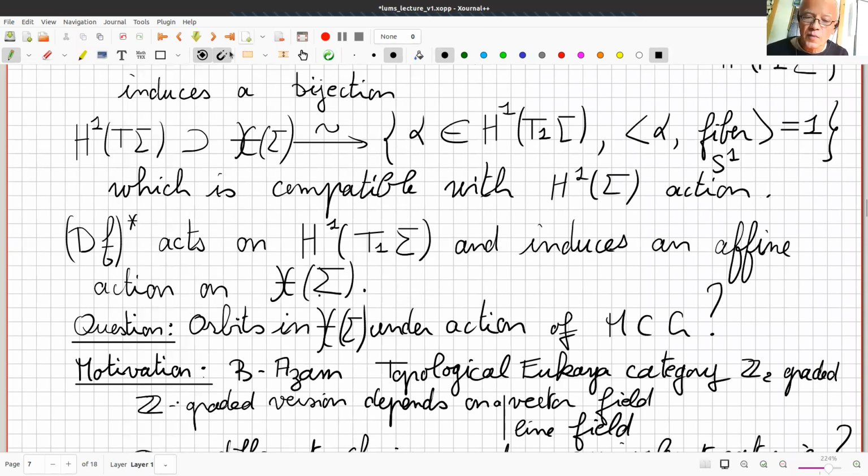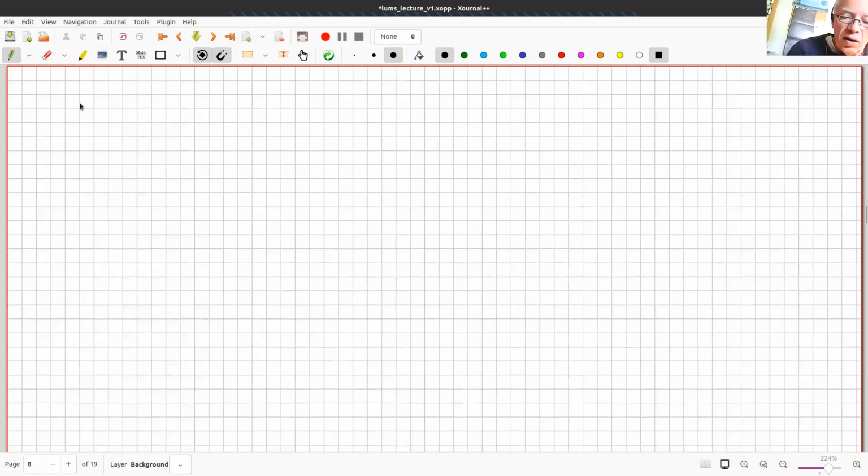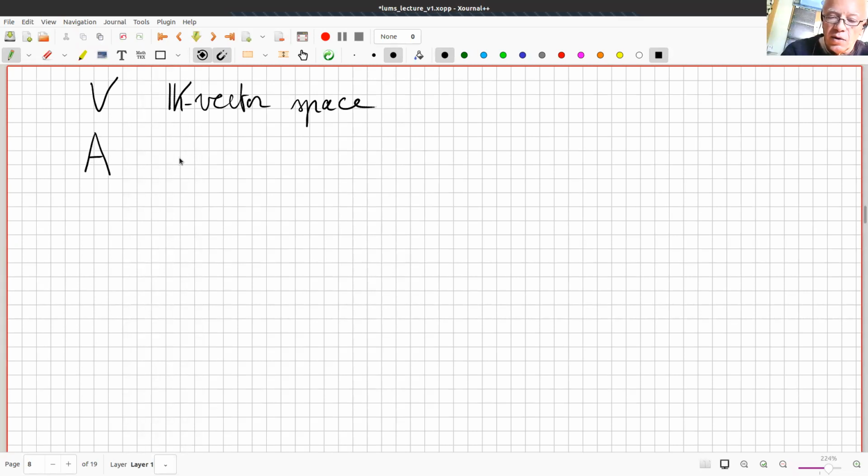So if you have V, which is a vector space, let's say a K-vector space, whatever it is. I'm just doing elementary geometry. And then you take A, which is an affine space over V. This means that V is the associated linear space.